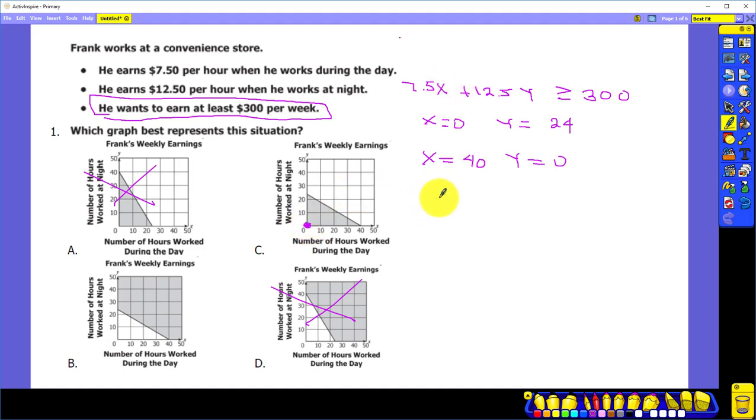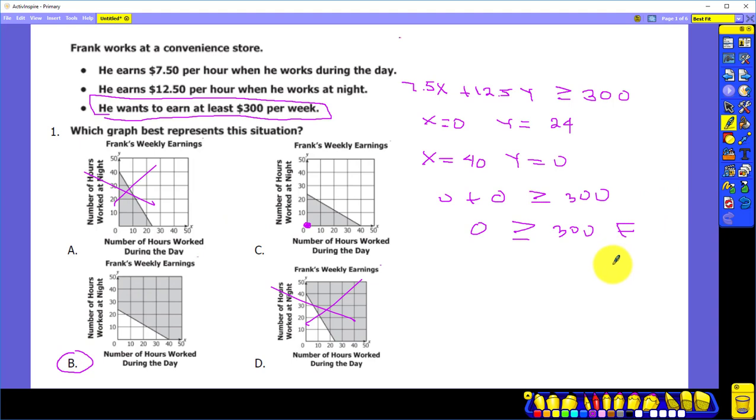So if x is 0, I'll get 0 plus, if y is 0, 0 times 12.5 is just 0, greater than or equal to 300. So we have to ask ourselves, is 0 greater than or equal to 300? This one is false. Since this one is false, we have to shade the side that does not contain the test point that we used. So therefore, the answer here is option B.